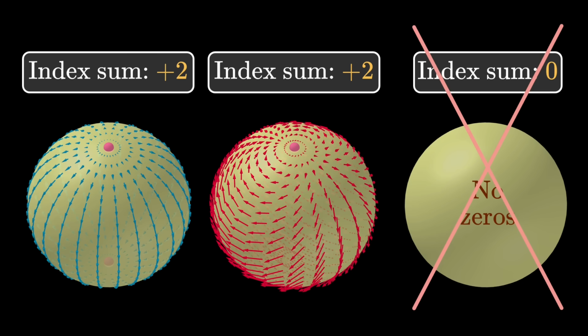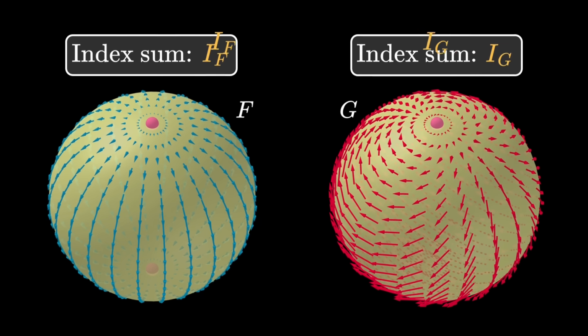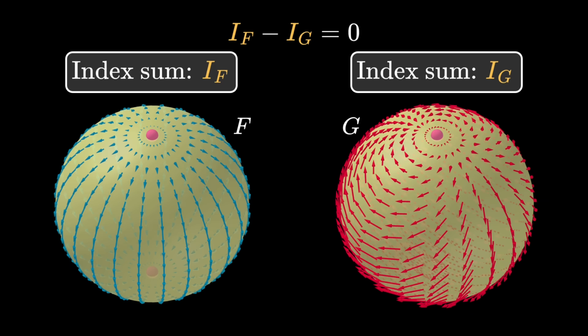So now we only need to focus on showing why the index sum is always plus 2. The strategy is that given any two vector fields f and g, and their index sums i_f and i_g, we prove that the difference i_f minus i_g equals 0.